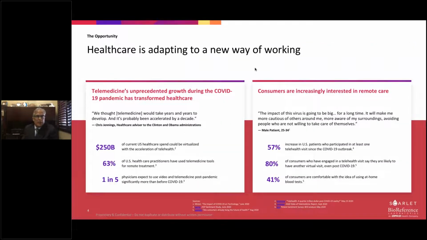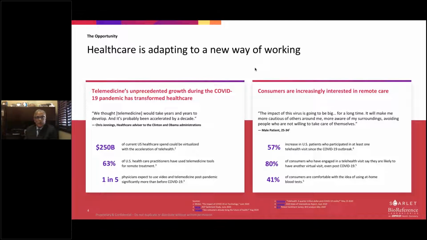As we were mentioning, healthcare is adapting to a new way of working. Stats still today reflect that 30% of most patient visits are still occurring via telehealth or some form of telemedicine.